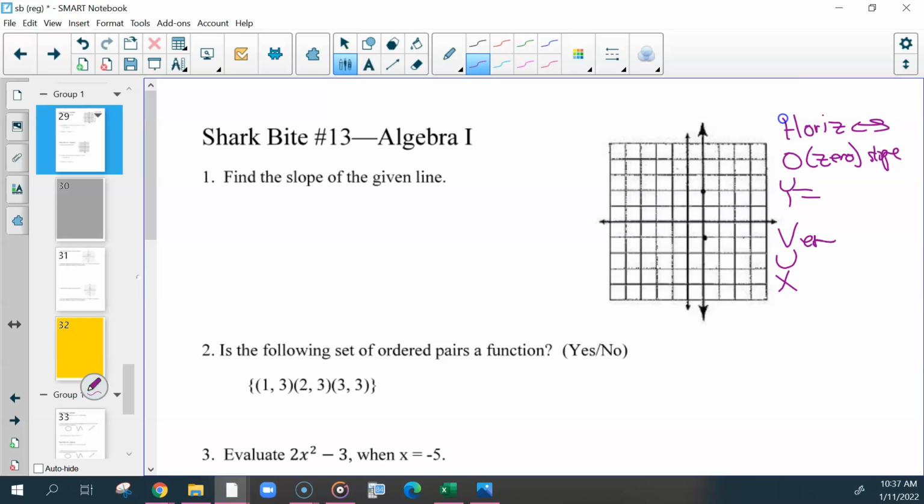And then vertical lines have undefined slope, and those are x equals. So if this is a vertical line, what is the slope? Undefined.